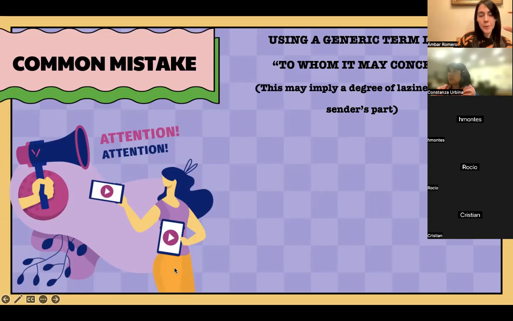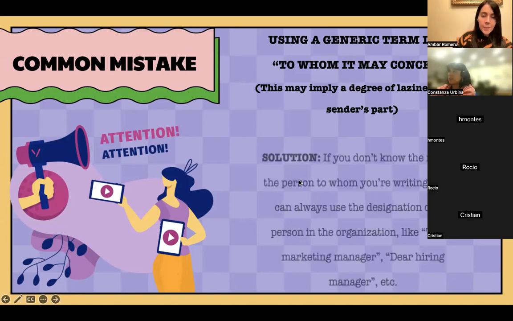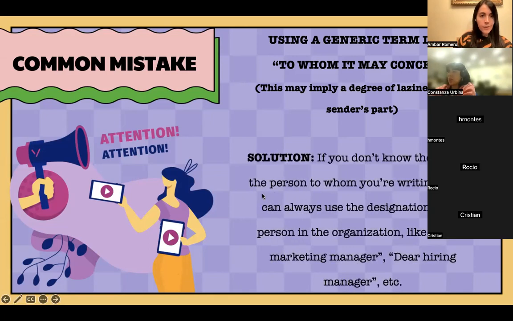Sometimes people use to whom it may concern, but they do not need to say dear, for example, marketing manager, because it would be redundant. To whom it may concern is a phrase that you use to avoid saying dear something. Okay. So many people think that this implies a degree of laziness on the sender's part.